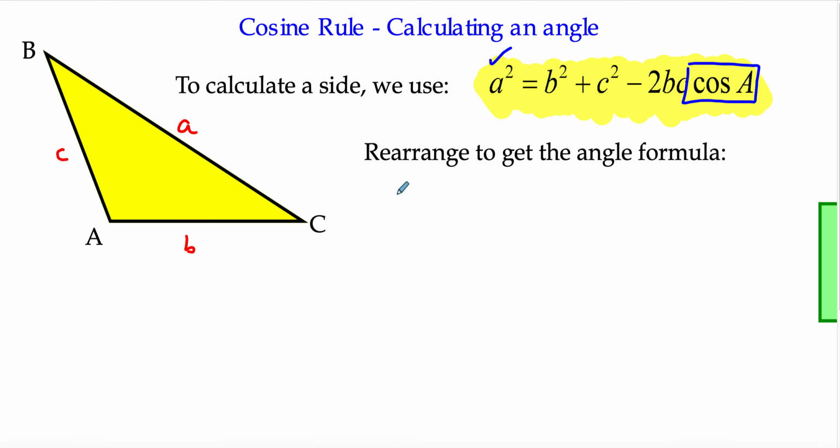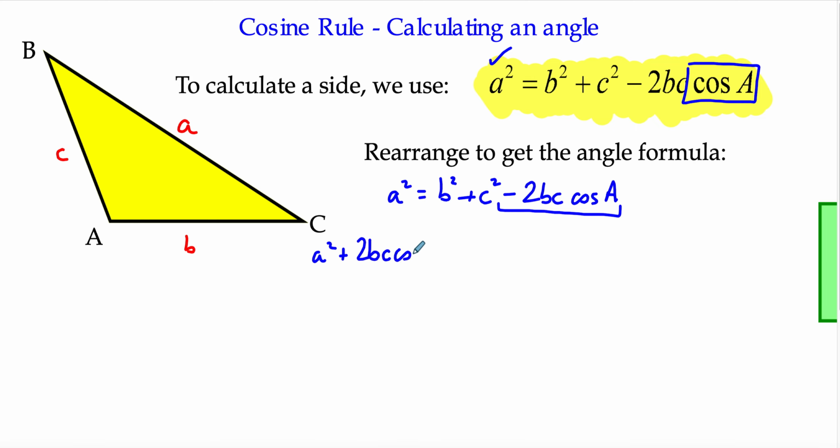I'm just very quickly going to show you how that's done. You're changing the subject of the formula and all that kind of stuff. So if we've got cos A here, what I want to do is we could take this whole thing over to the other side, adding 2bc cos A to both sides, in which case we'd end up with a squared plus 2bc cos A on the left equals b squared plus c squared on the right.